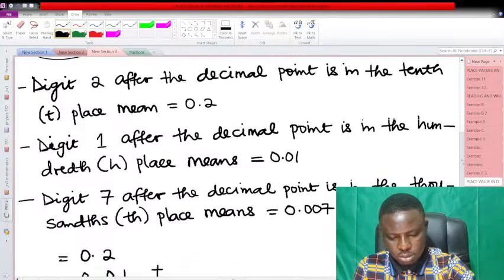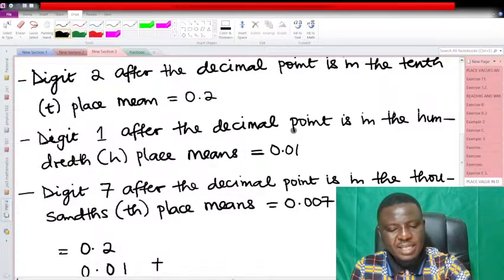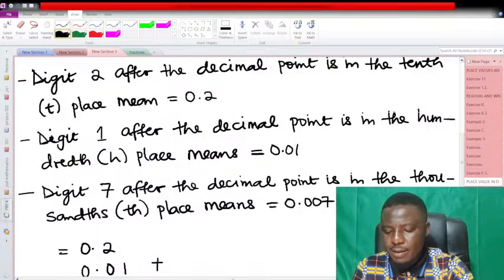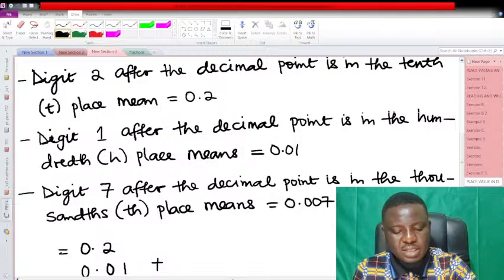While digit 1 after the decimal point is in the hundredths place, meaning 0.01. While digit 7 is in the thousandths place value, and it is represented as 0.007.